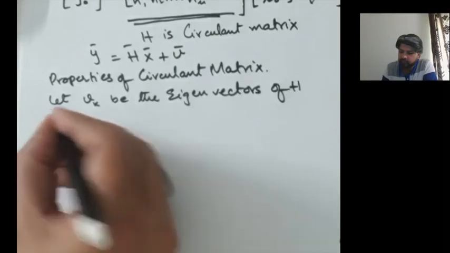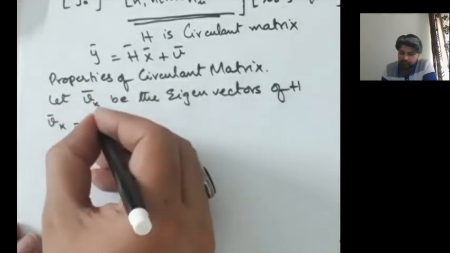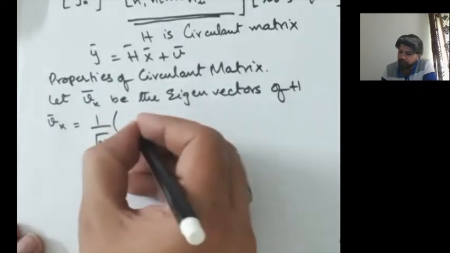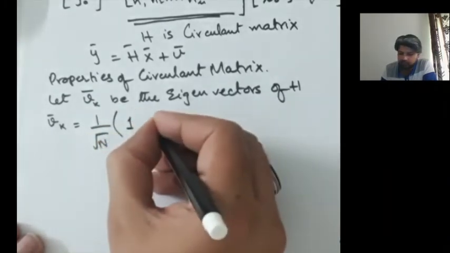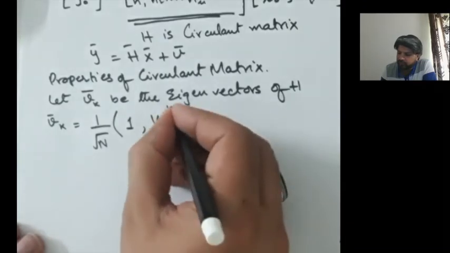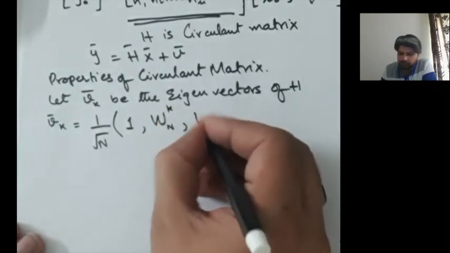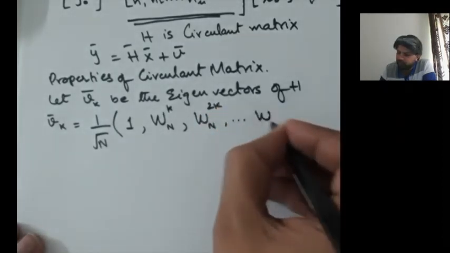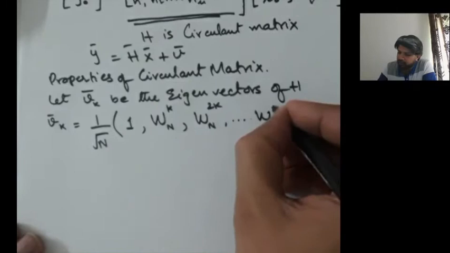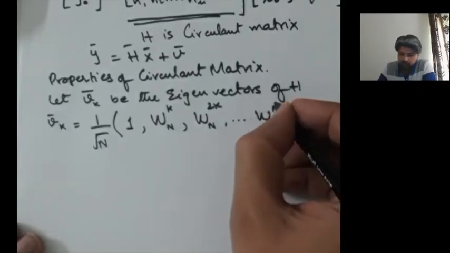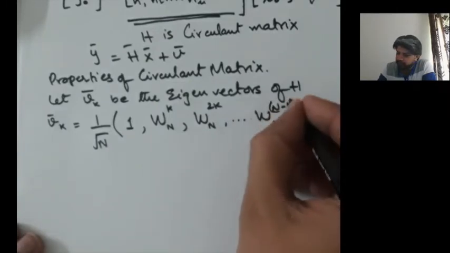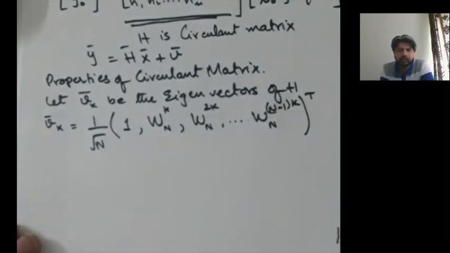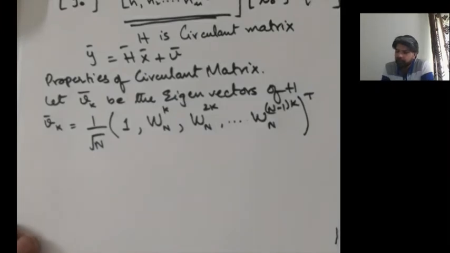So Vk is a vector of this form: 1 over root n, so that you normalize it to unit norm, times 1, then Wn to the power k, then Wn to the power 2k, and all the way to Wn to the power n minus 1 times k, transpose. So it's a column vector, right, with these elements.